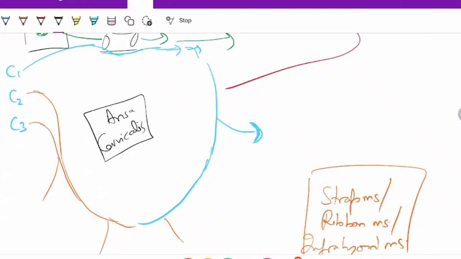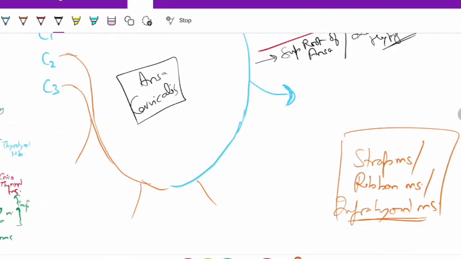The answer is no. You saw that C2, C3 has a different origin and C1 has a different origin. The C1 origin is also known as the superior root of the ansa, or descendens hypoglossi, whereas the C2, C3 root is also known as the inferior root of the ansa, or descendens cervicalis.